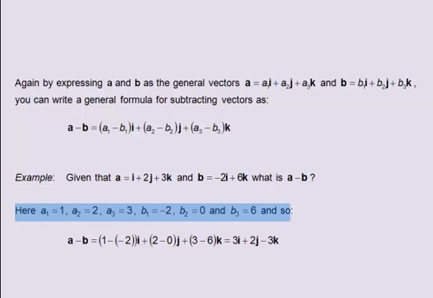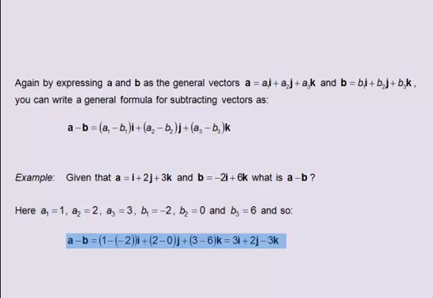And so, a minus b equals (1 minus minus 2)i plus (2 minus 0)j plus (3 minus 6)k, which equals 3i plus 2j minus 3k.